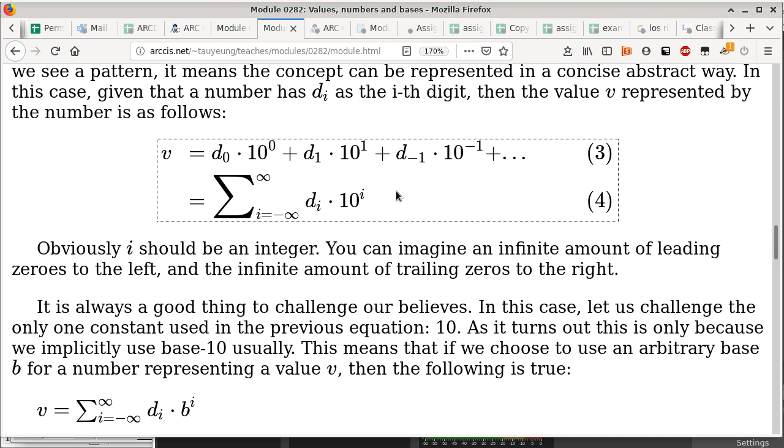We can assume a number has an infinite number of digits. And you say, well, but what about 3? Well, 3 technically has an infinite number of digits. It's just that we do not write out the non-essential digits. Because if you think about the number 3 in base 10, you can imagine there's an infinite number of zeros to the left-hand side of the 3.